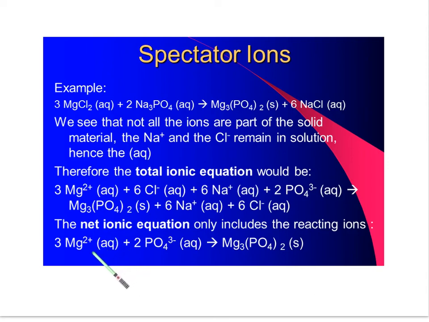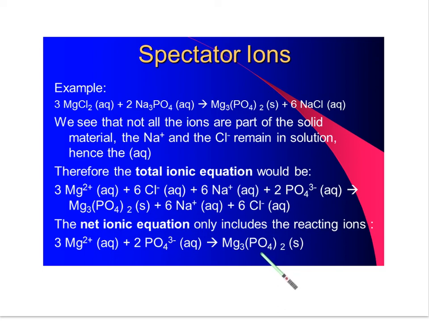Rather, in the net ionic equation, you only include the ions that are involved in the formation of that solid. And in this case, it's the 3 Mg2+ and the 2 PO4 3-, and those are the 2 ions that lead to the formation of the precipitate, the Mg3(PO4)2.